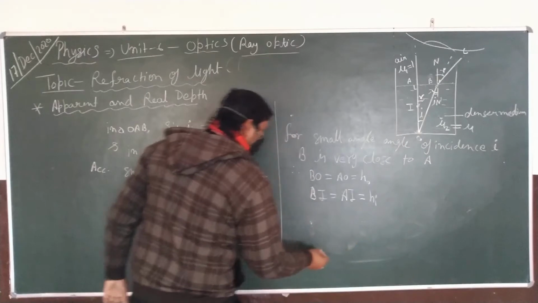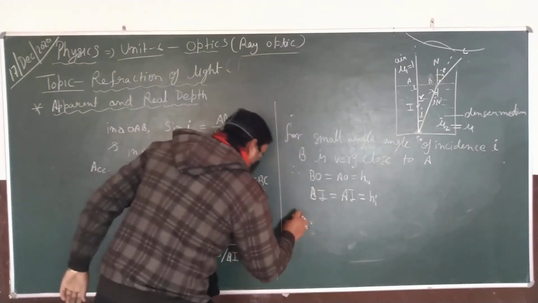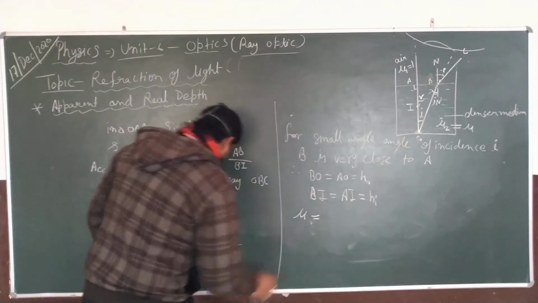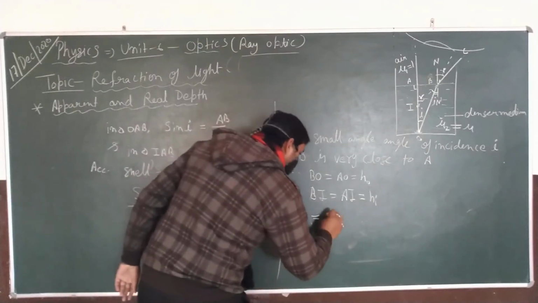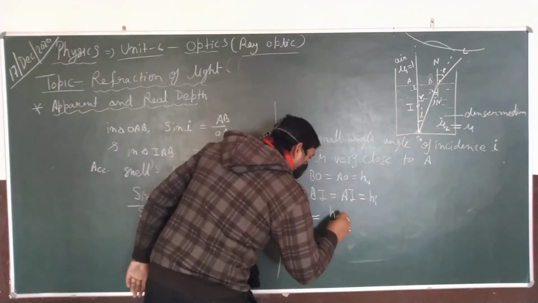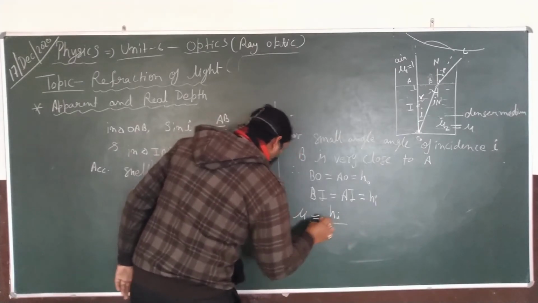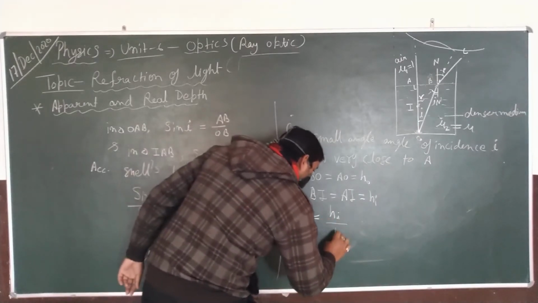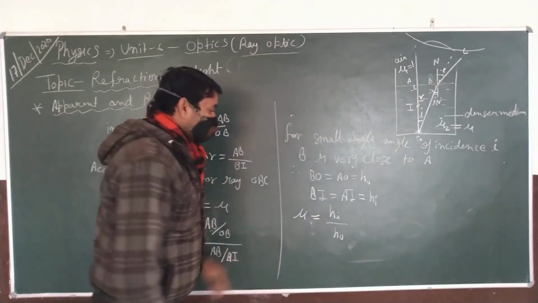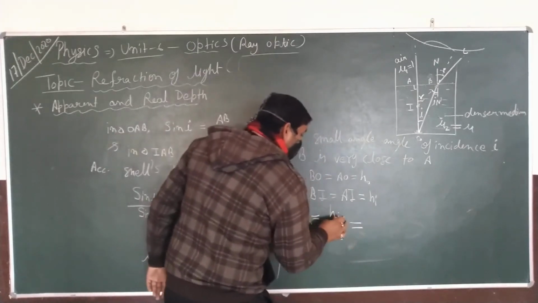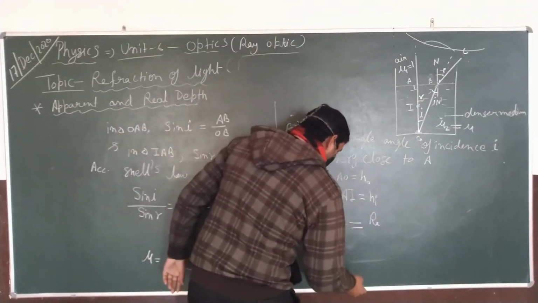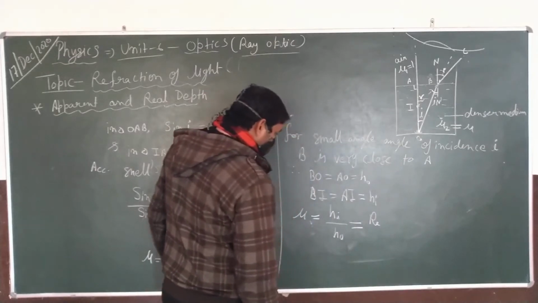Therefore, this result: mu is equal to HI upon HO, and this is called real depth.